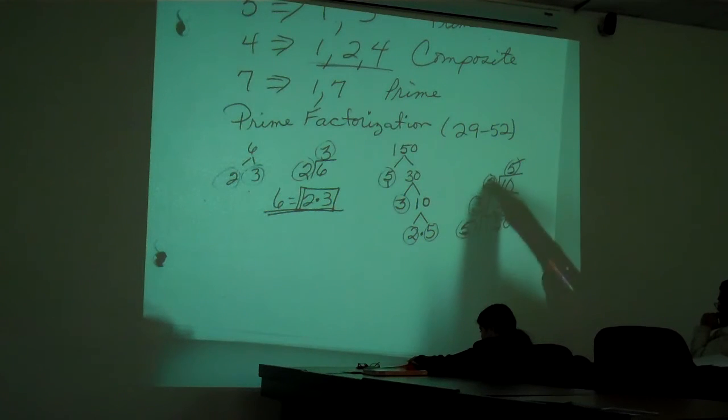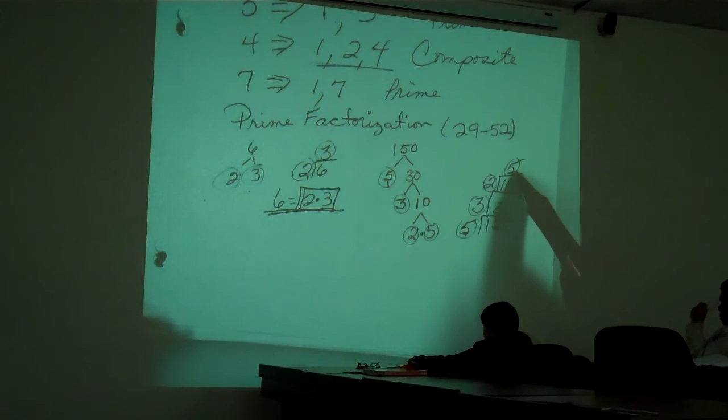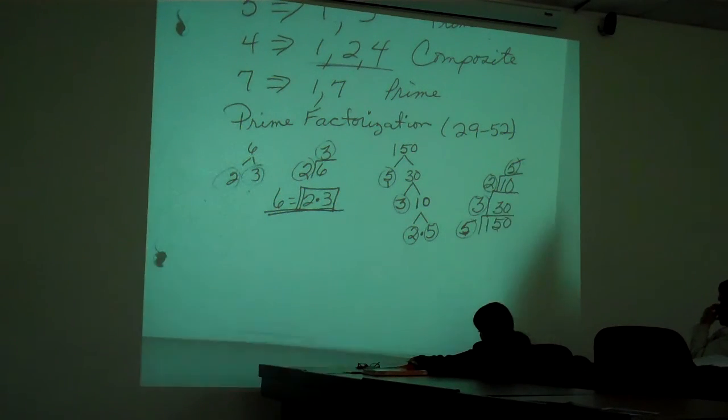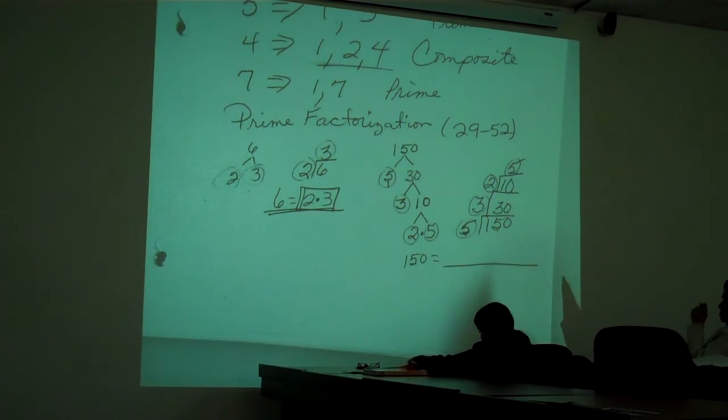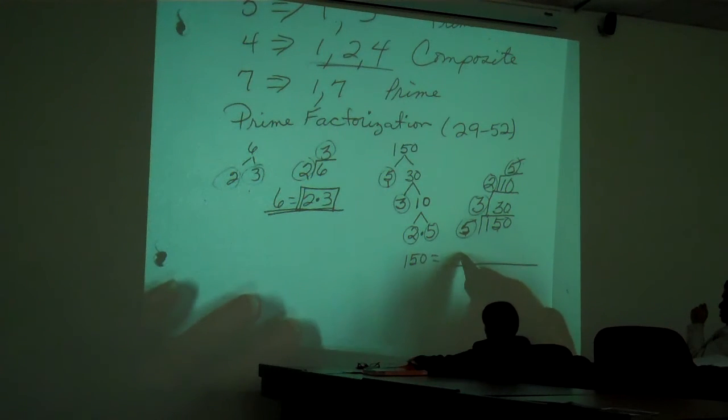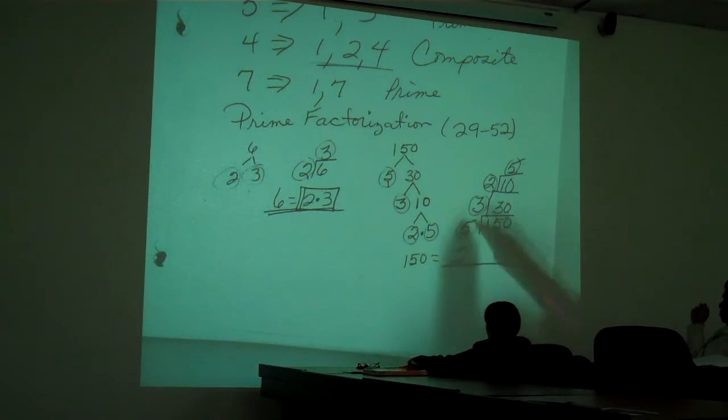They're all on the edge, and when you get to the top, when you have a prime on the top, you're done. And then when you put them as your prime factorization, start with the lowest number. The 2 is your lowest number.